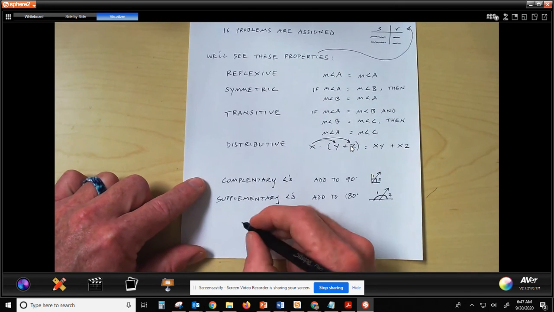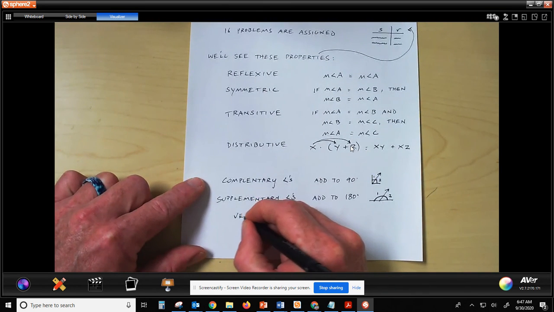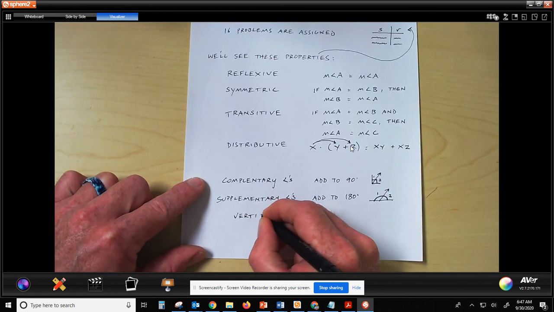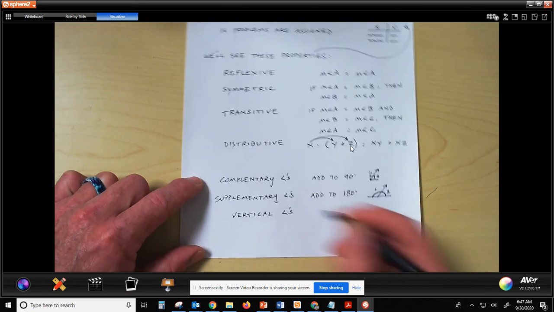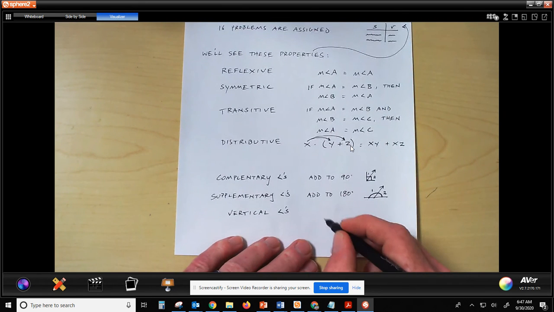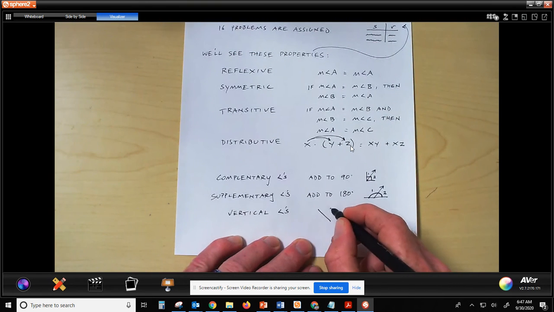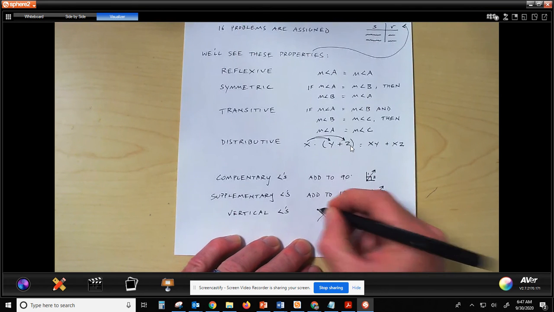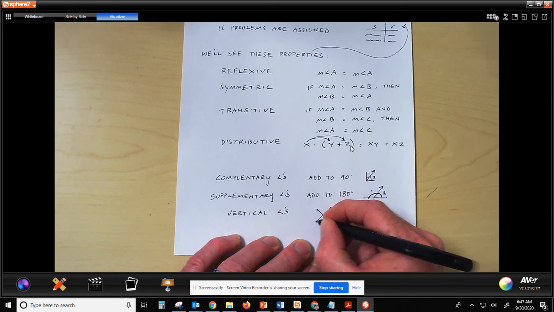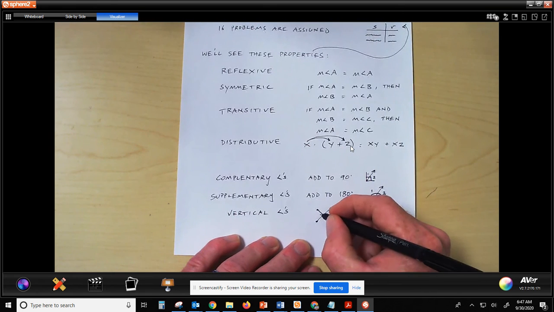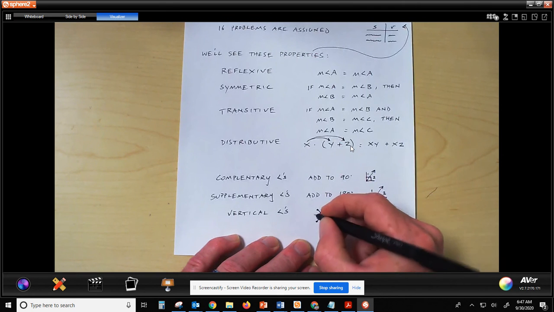And then also a memory is going to come up, and this one comes up all year, so I like to bring it up often. Vertical angles. Vertical angles look like this. I'm going to make these line segments with defined lengths, have vertical angles. Vertical angles are across from each other.